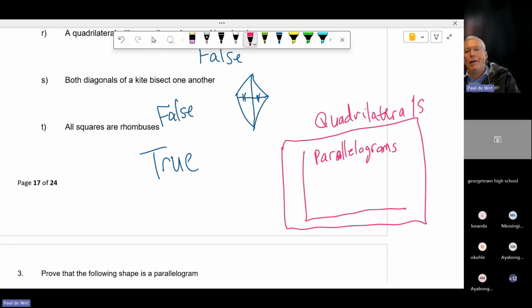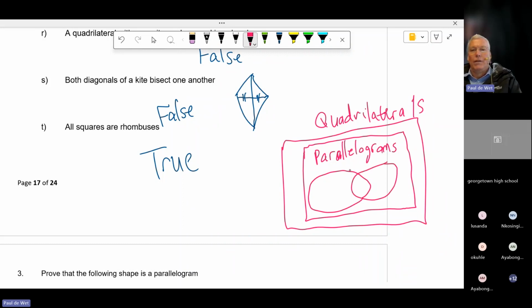Inside the parallelograms there are two types: rhombuses and rectangles. And then inside here is the square.